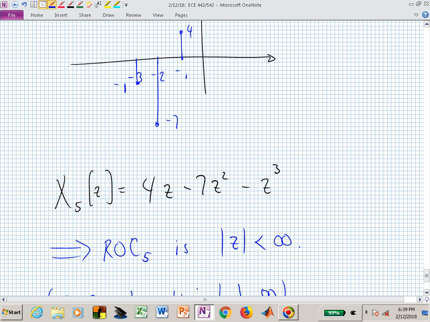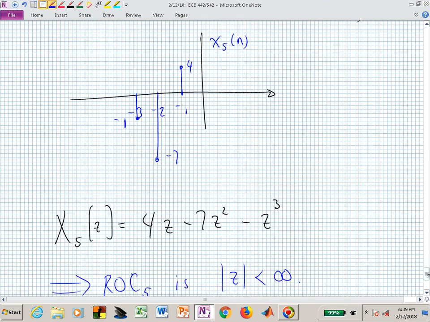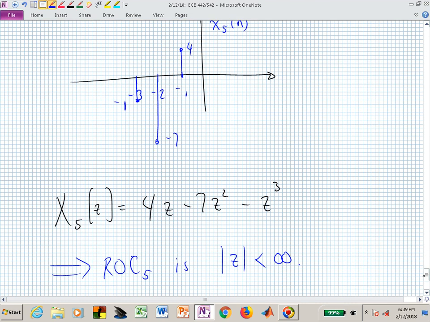Question? So now, what happened to our poles? Where are they at? Well, in this case, we don't have any. Well, we have poles, but where are they? In capital X sub 5 of z, they're at infinity. We really prefer bounded poles. We don't have a ratio of polynomials of z.